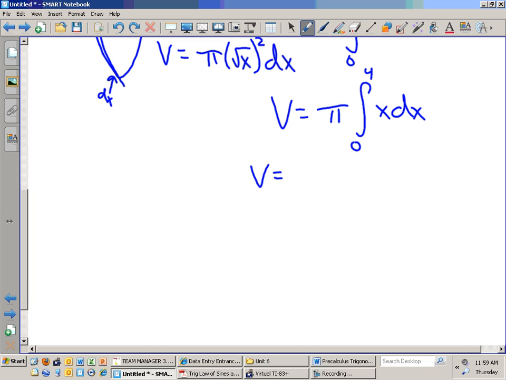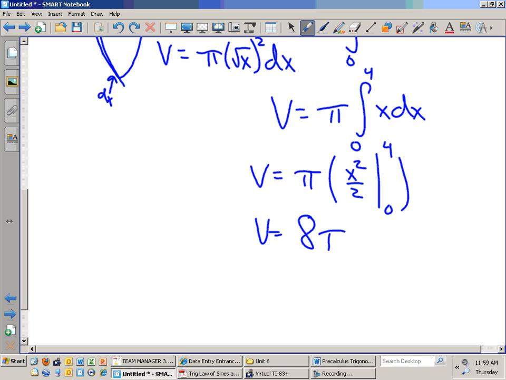We have volume is equal to pi times x squared over 2 evaluated from 0 to 4. 4 squared is 16 divided by 2, 8. That's it. We found the volume that quickly.